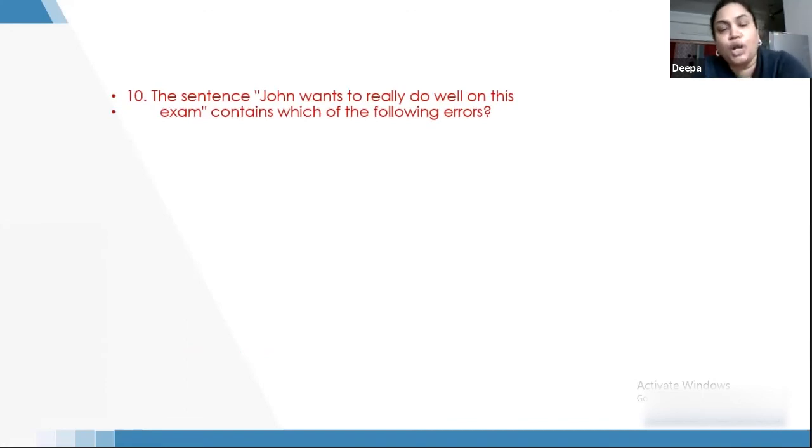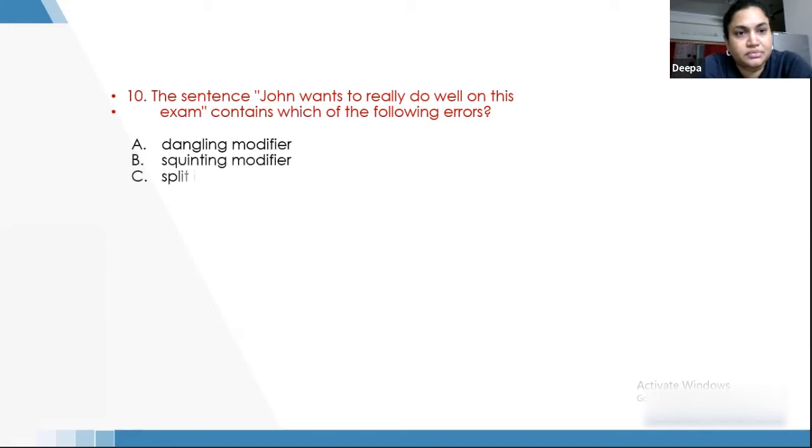The sentence John wants to really do well on this exam contains which of the following errors? John wants to really do really well. So that is a split infinitive, right?